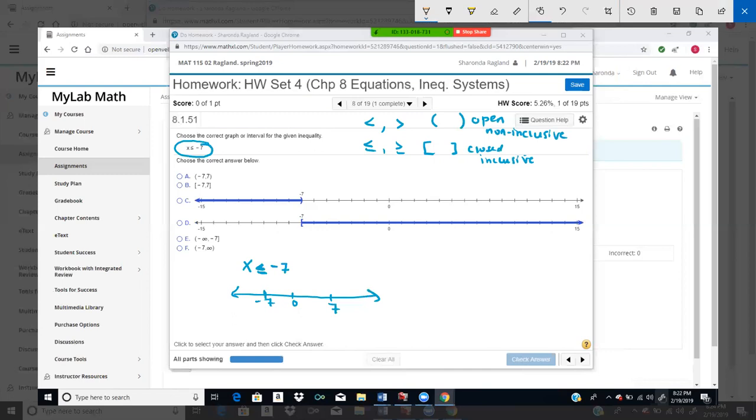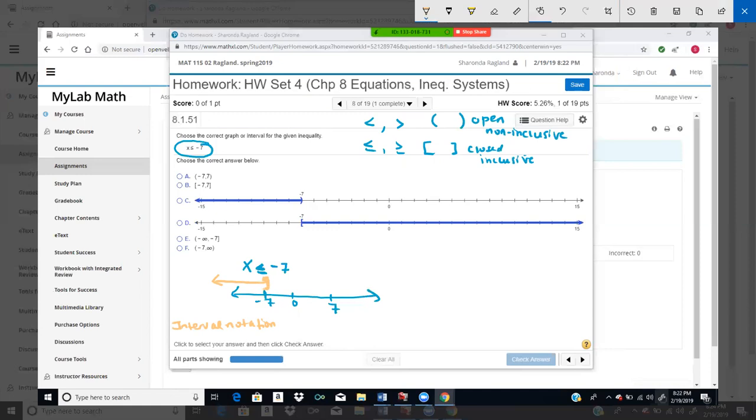So it would be a closed bracket, and I'll just write it above. Closed bracket on -7, and it's going to the left. All right, and so now, how do I write that in interval notation? Really, if you have the graph, your interval notation is just pulled from the graph. It's the least to the greatest.